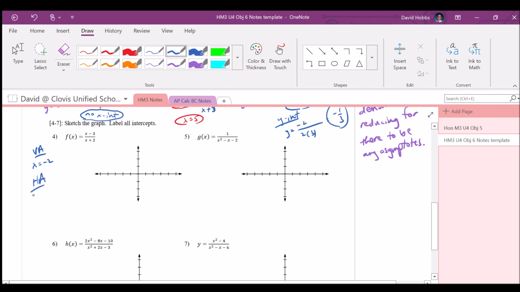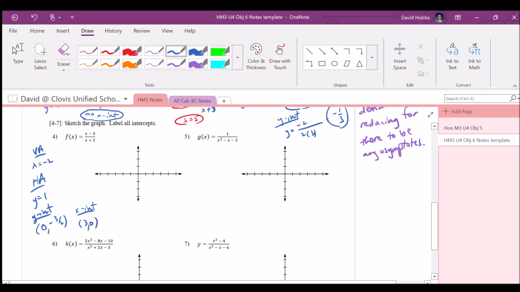Yes. 1 over 1, so y equals 1. Y-intercept, if I plug in 0 for the x's, I get negative 3/2. And x-intercepts, if I plug in 0 for y and focus on the numerator, x equals 3.